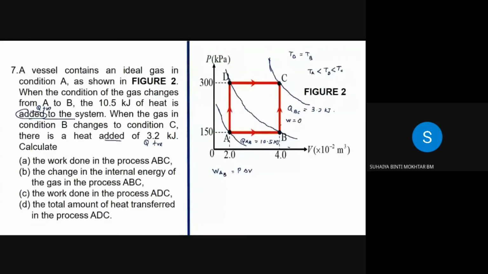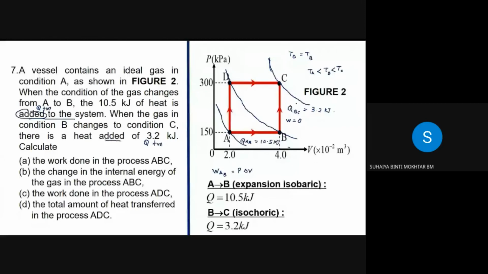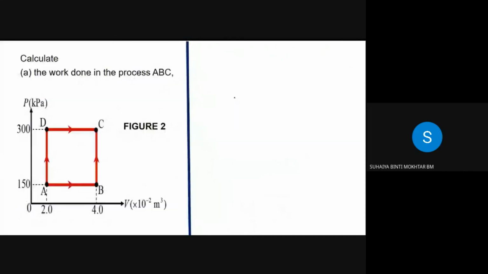Okay, 0. So kita totalkan, so you get work done ABC. Ini AB, proses AB. Expand, isochoric kita increase temperature. Okay, ni increase temperature lah. Ke atas side, increase temperature. And increase pressure juga. Okay, so first kita ambil AB. Okay, P delta V, so calculate work done AB.